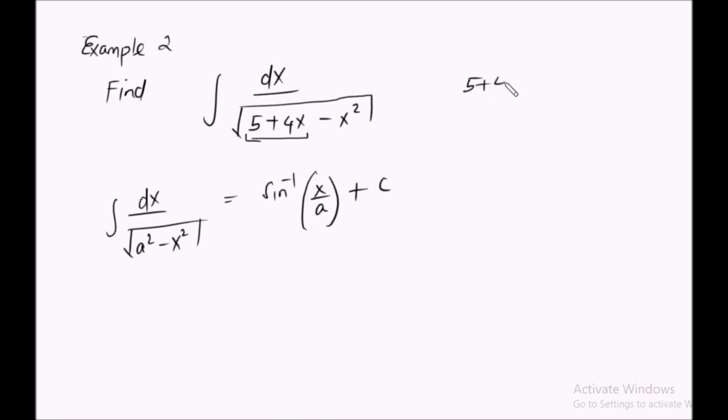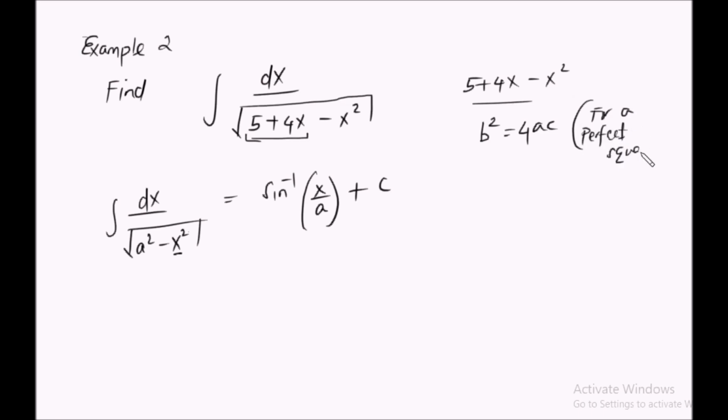Let's look at this 5 plus 4x minus x squared. First, remember I said that here on the x you can replace it with a linear equation. Okay? So this here is a quadratic equation, isn't it? So we want to have a perfect square here, okay? So that we have a linear expression here. So I know that b squared is equal to 4ac for a perfect square quadratic.